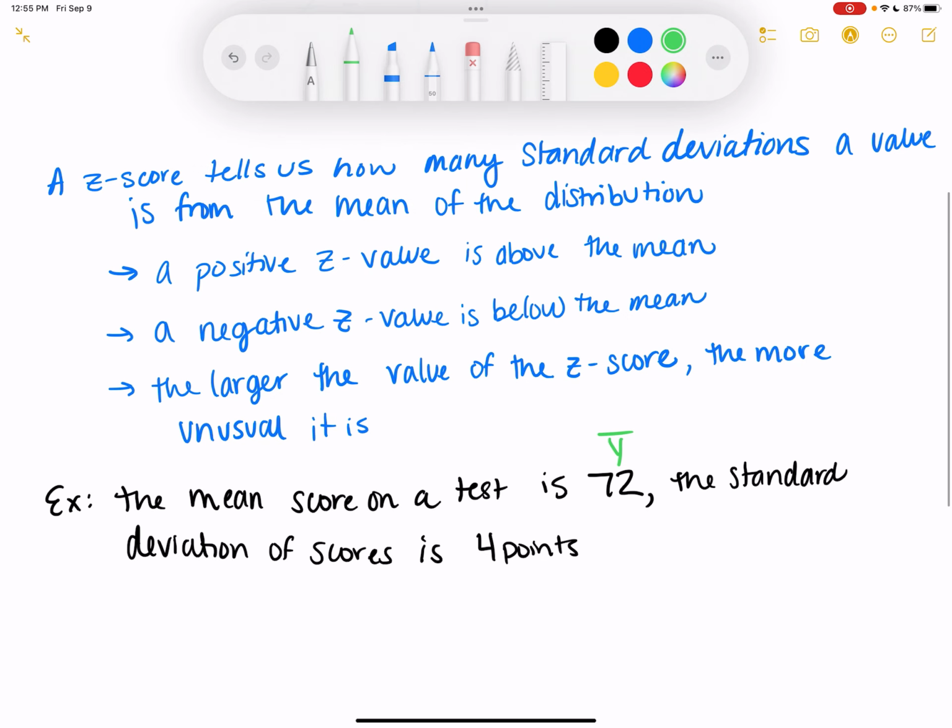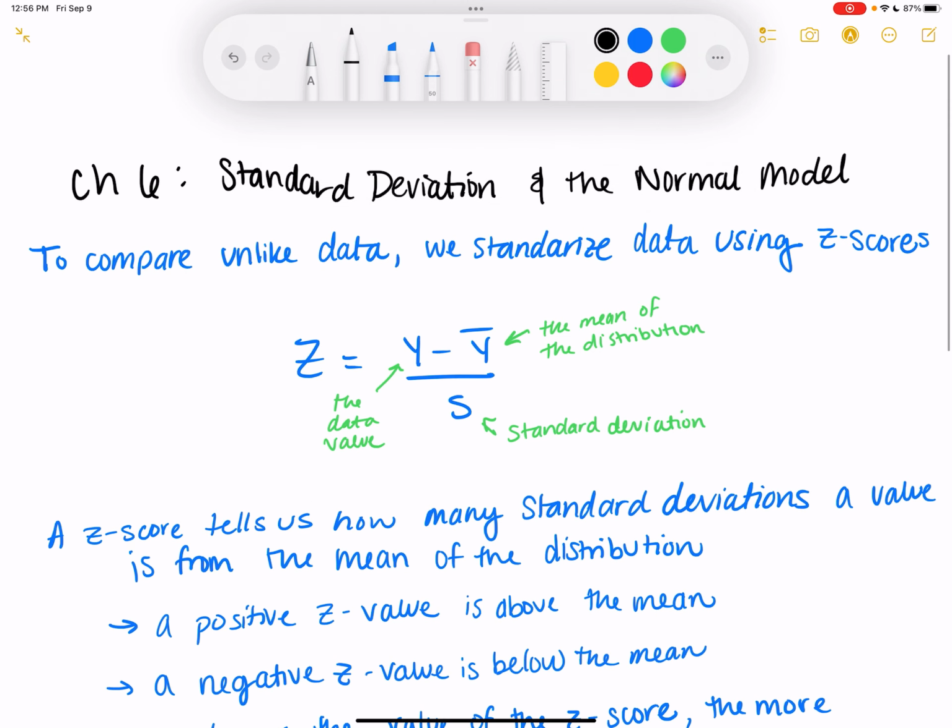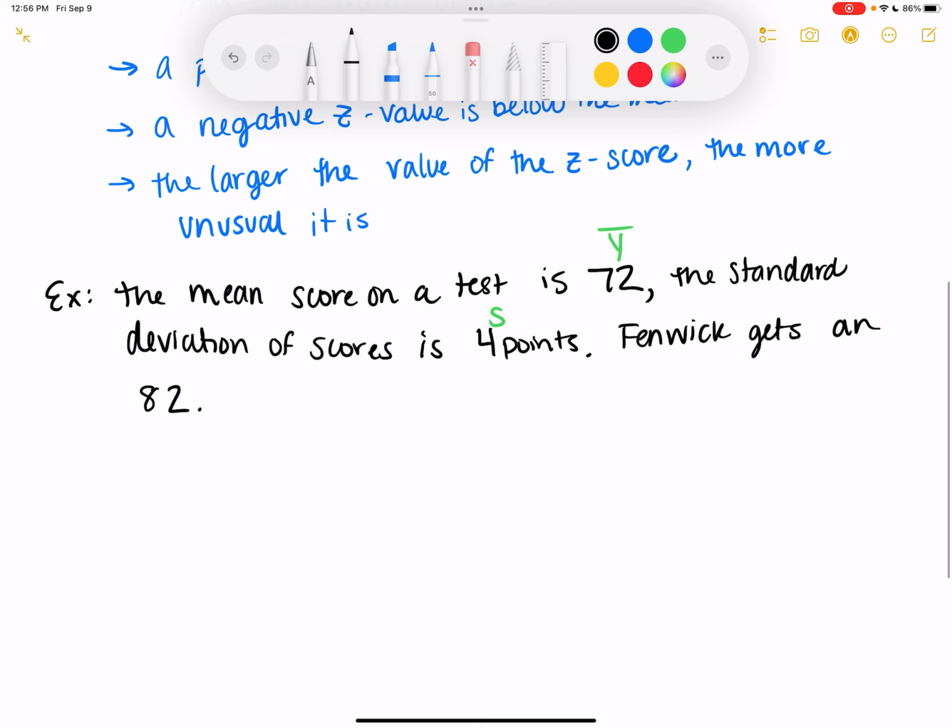So in the formula, that's going to be your s. Fenwick gets an 82. So this number is going to be the data value, our y. What is the z-score for his test?